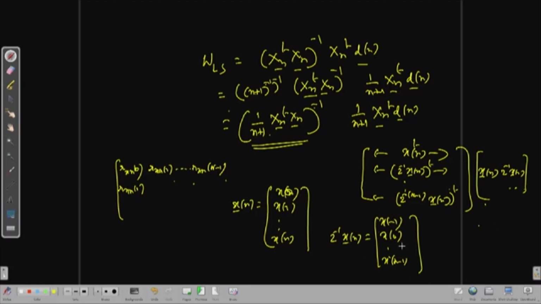So x minus 1 square, x0 square, dot dot dot up to x n minus 1 whole square, add all of them, divide by n plus 1. Again, for large n, it will be a good estimate of Rx0. So it will be Rx0 and it will continue. This matrix is becoming approximately R.